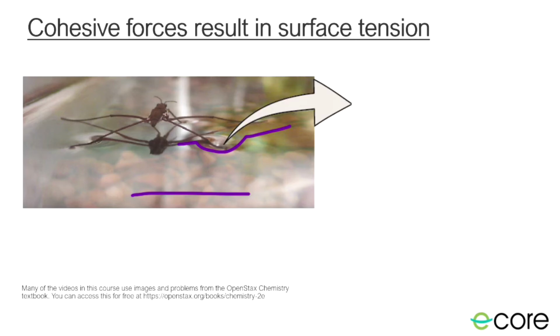And notice, really importantly, when it deforms, this one has a larger surface area. And that means that there's more water molecules that used to be buried that are now having to come towards that air-water interface where they're less stable. So, cohesive forces result in this surface tension where I have to use a force to push down that water to pull those water molecules out of the center and let them come hang out at the surface.